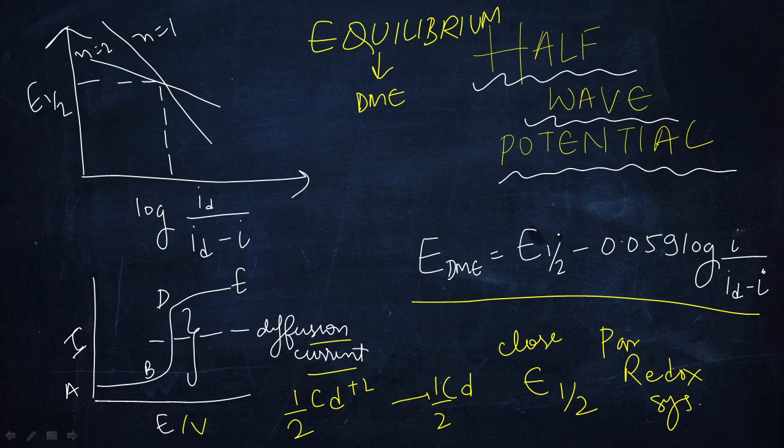The slope for this curve is minus 0.059 by n. So what is n? n is the number of electrons that are participating, or the number of electrons that are being gained. So this is the type of graph that we are seeing in half wave potential.